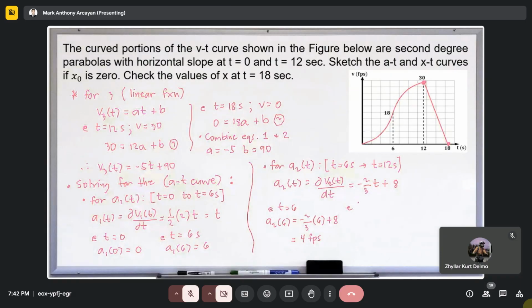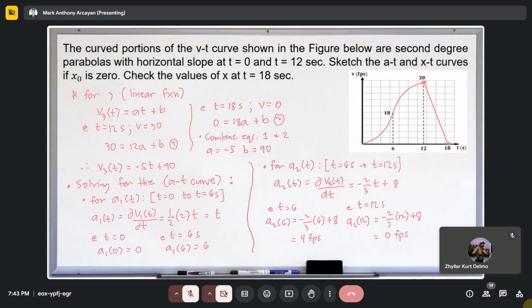Next is when t is equals to 12 seconds, we have a sub 2 of 12 is equals to negative 2/3 times 12, then plus 8. Negative 2/3 times 12 is equal to negative 8. Negative 8, then plus 8, that is equal to 0 fps squared. So the acceleration at t is equal to 12 seconds is 0 fps squared.